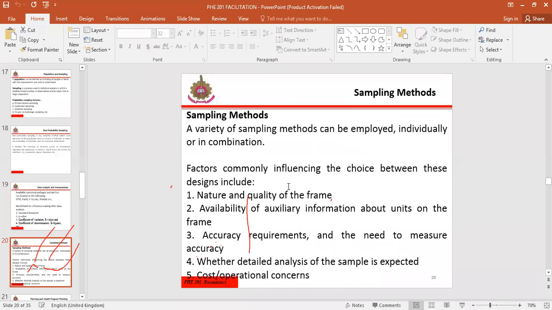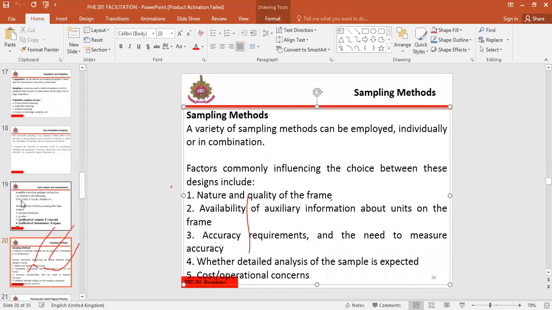For the probability sampling, we talk about systematic sampling, cluster sampling, stratified sampling, and simple random sampling.